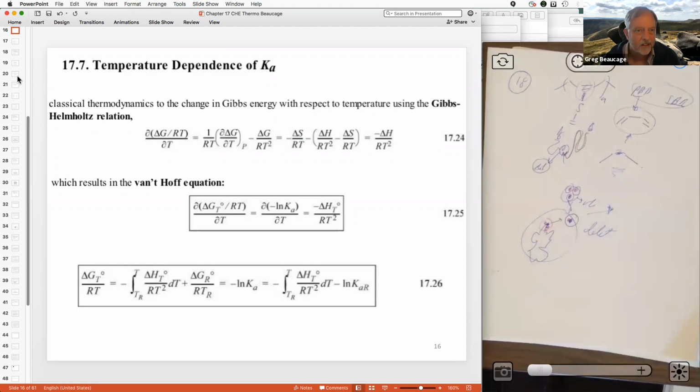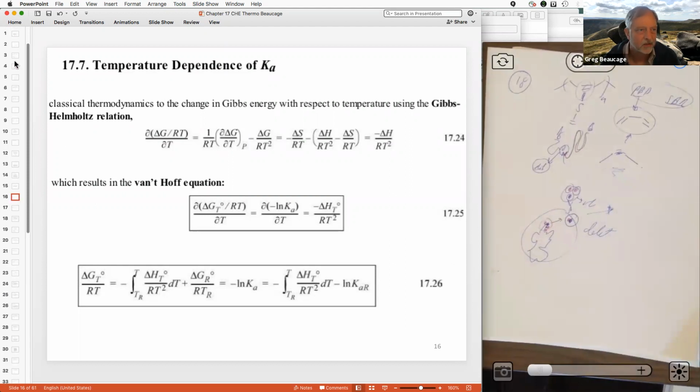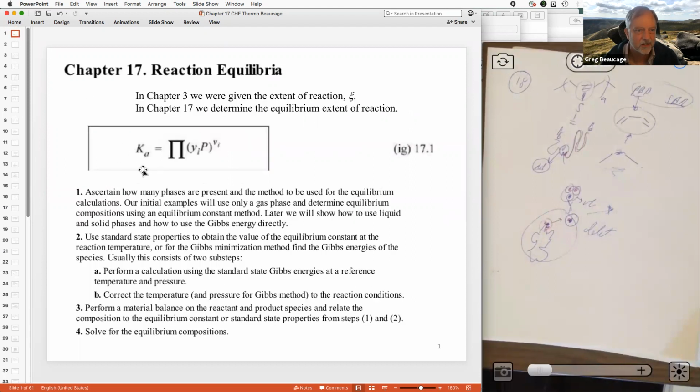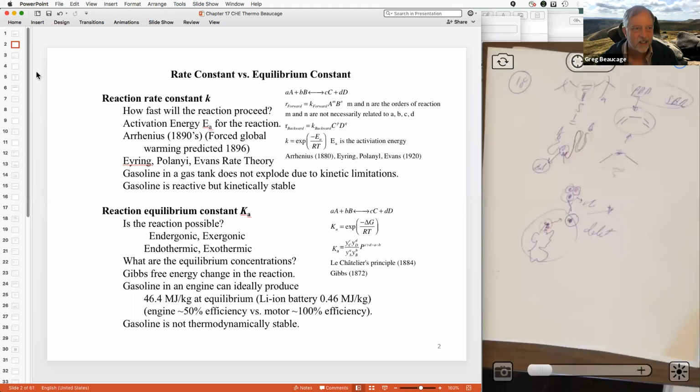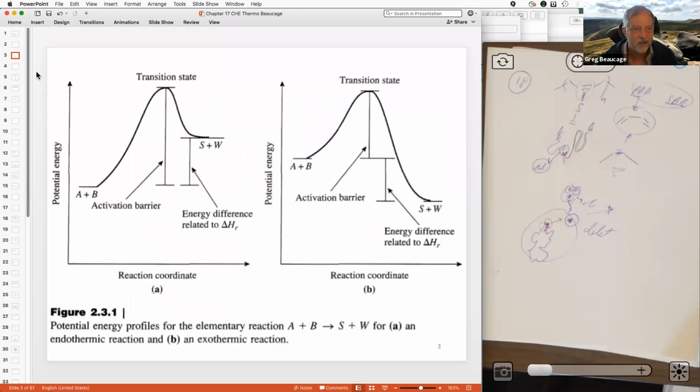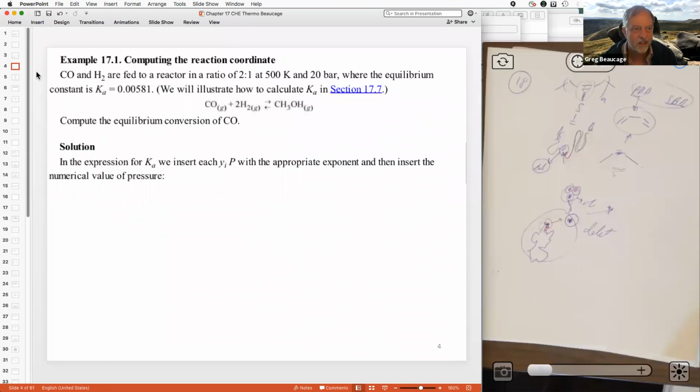So let's see. We went through the calculation of the temperature dependence of the reaction, the equilibrium constant for reactions. This is for gas phase, and it talked a little bit about reaction rate.